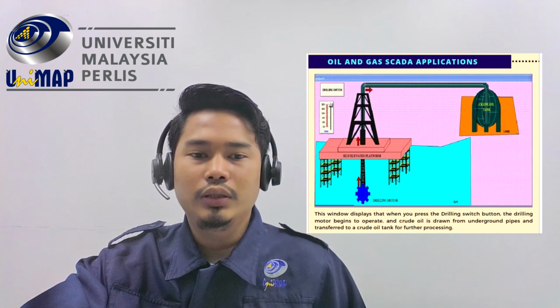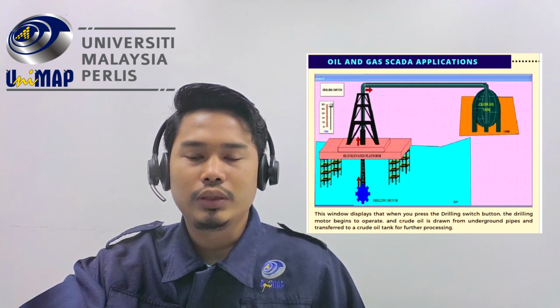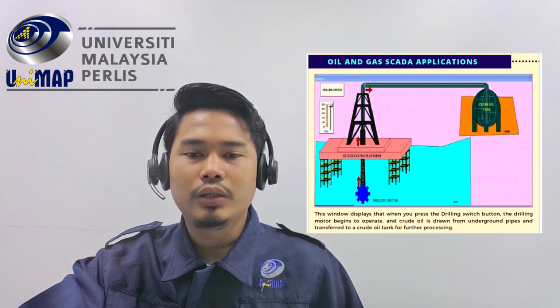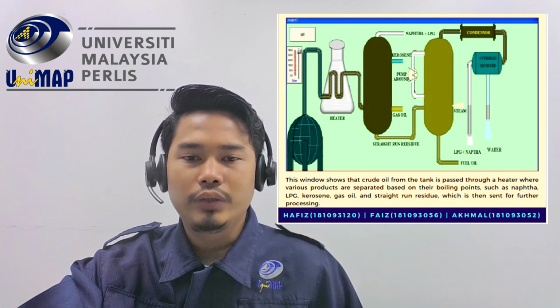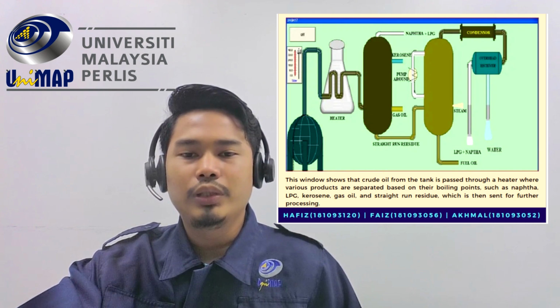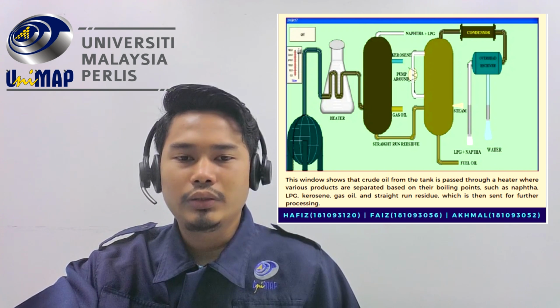In this window, it displays that when you press the drilling switch button, the drill motor begins to operate and crude oil is drawn from the underground pipe and transferred to a crude oil tank for further processing. This window shows that crude oil from the tank is passed through a heater where various products are separated based on their boiling point, such as naphtha, LPG, kerosene, gas oil, and straight run residue, which is then sent for further processing.